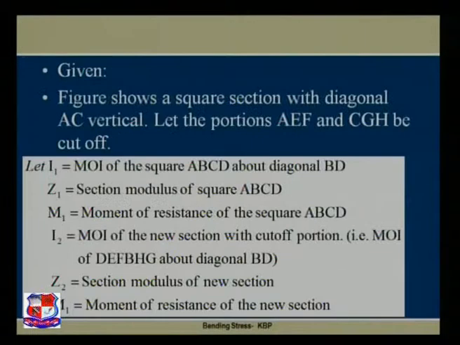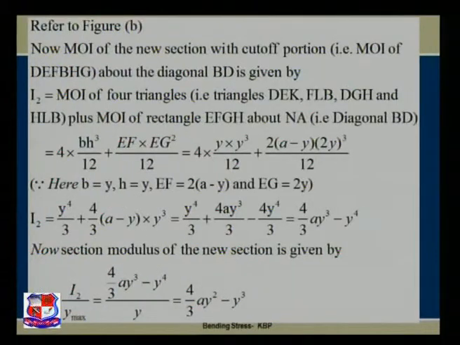Now, that is 4 times bh cube by 12. Why 4 times? Because of 4 triangles. The moment of inertia of a triangle about the base is bh cube by 12.